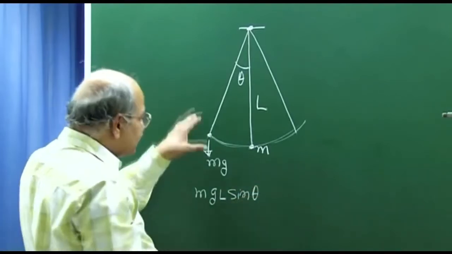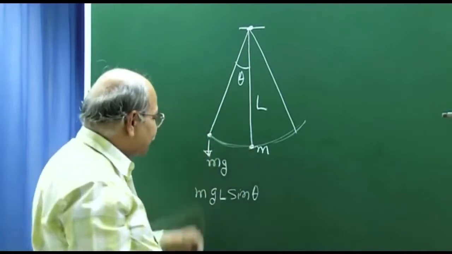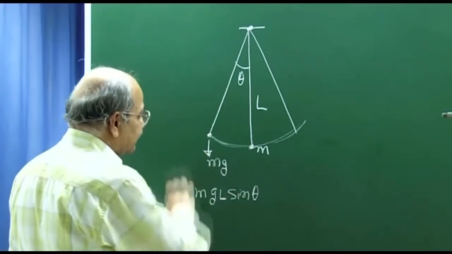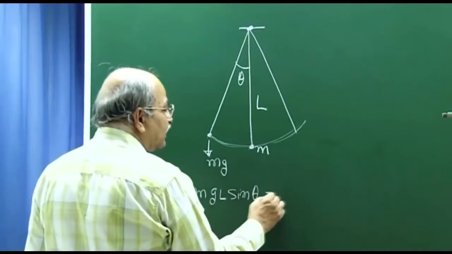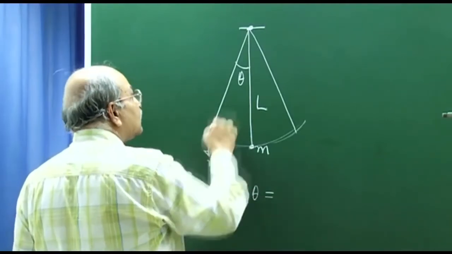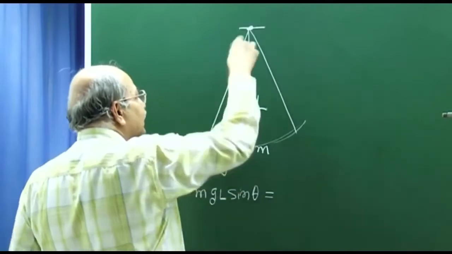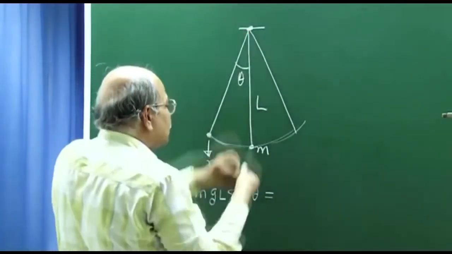That is the torque of this mg, and it will try to decrease this theta here. So, this is mg L sine theta in the opposite direction, and that should be equal to I alpha, and moment of inertia will be mass times length square. Remember, here is the axis of rotation. So, this distance is L.